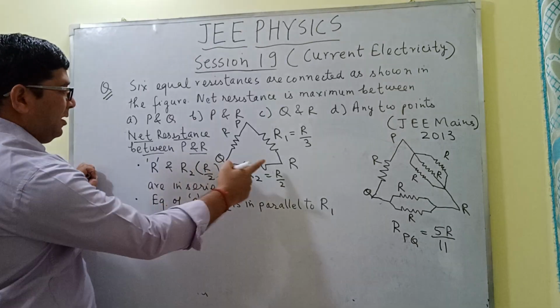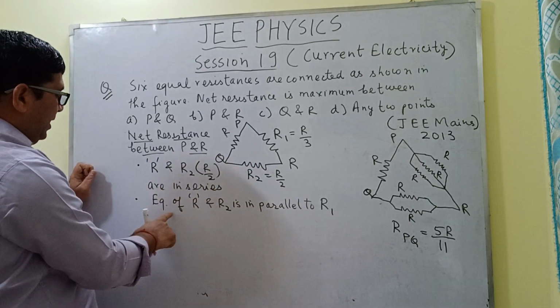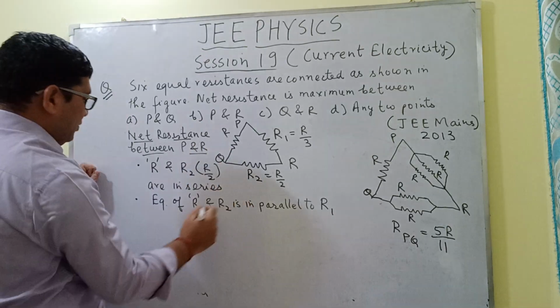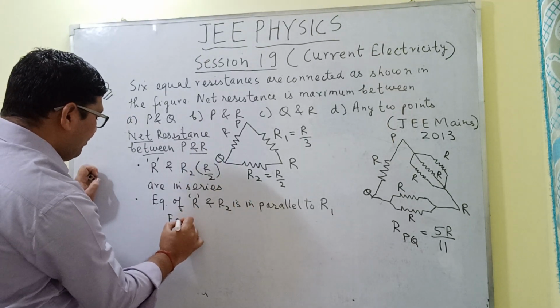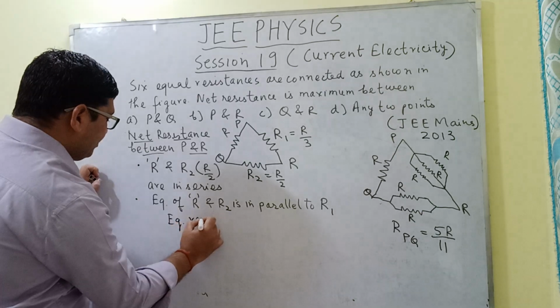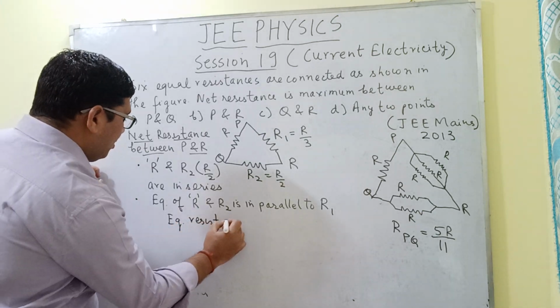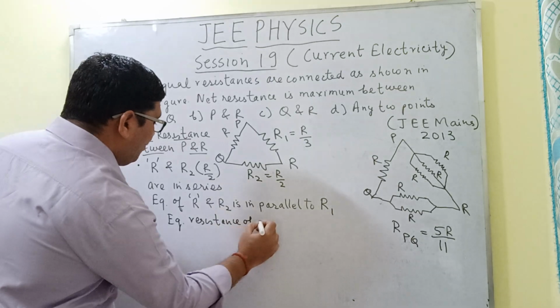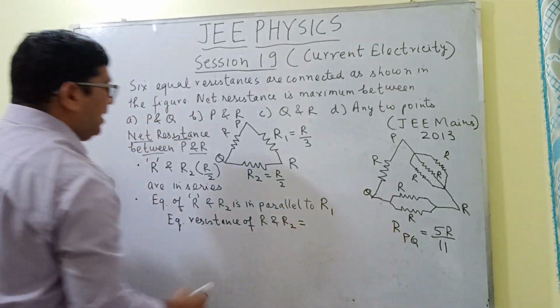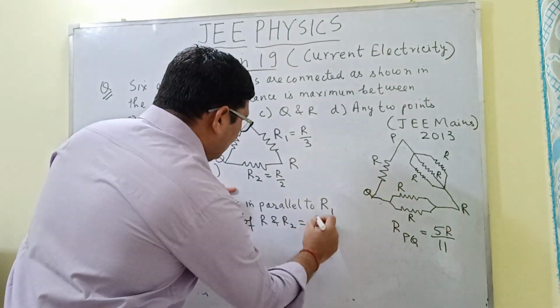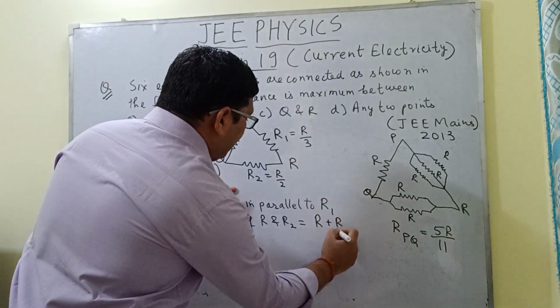So it implies that now the equivalent resistance of R and R2, how much will that be? This is the equivalent resistance of R and R2, because they are in series, so this will be equal to R plus R by 2.